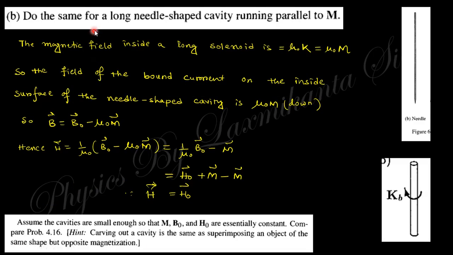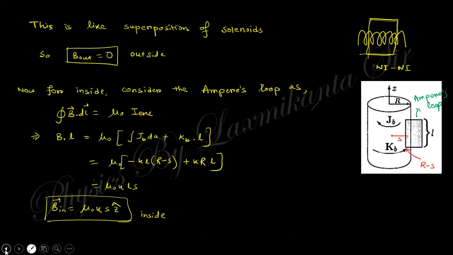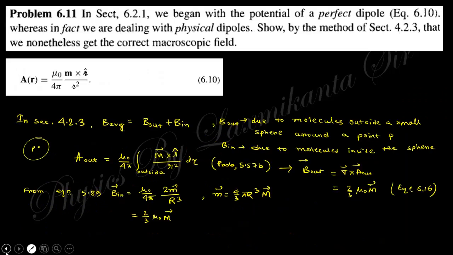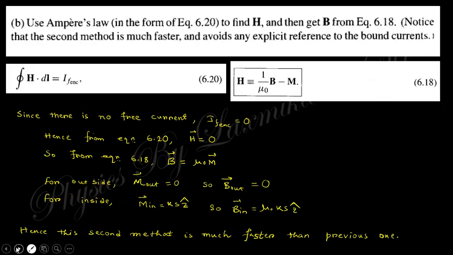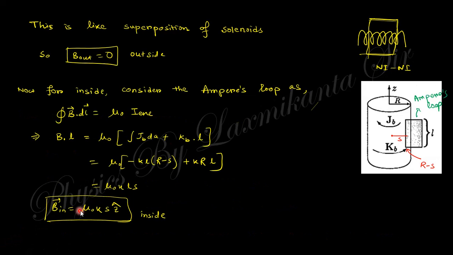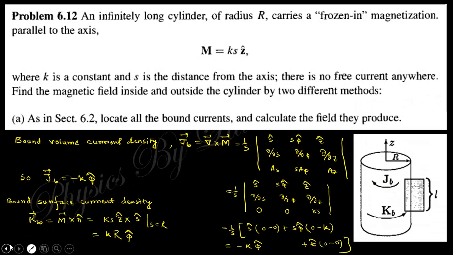Next one, do the same for a long needle-shaped cavity. For this we already discussed, this will be nothing but mu naught M. For a cylinder, the magnetic field equals mu naught M. You can see here there is a mu naught M. This is for spherical, 2/3 mu naught M, and for cylindrical this will be mu naught M. Here K is the M, right?